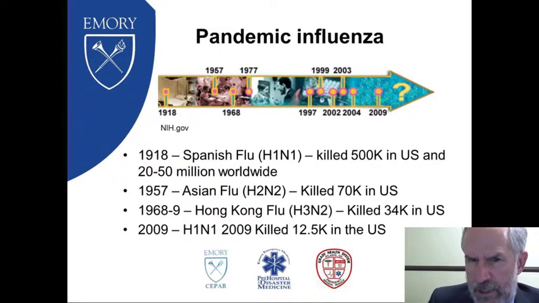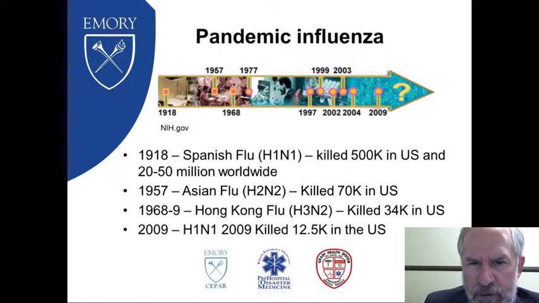Pandemic influenza has occurred a number of times in recent memory. That is, memory of individuals who have been around into the early part of the 20th century, the last 100 years or so. The 1918 strain, there was an underlying situation, of course, that we were at the end of World War I, a lot of movement of troops and personnel around the world.